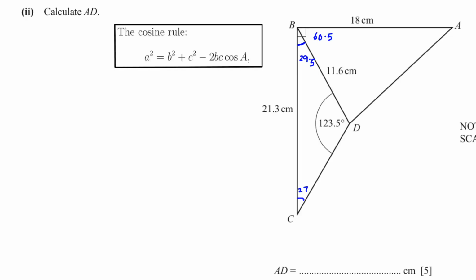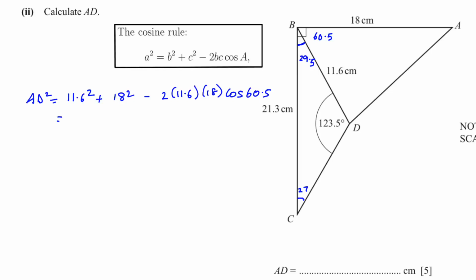So we are supposed to find AD squared, so we'll write AD squared is equal to 11.6 squared plus 18 squared minus 2 times 11.6 times 18. It doesn't make a difference which is your b and which is your c. Your A must be correct, cos 60.5.